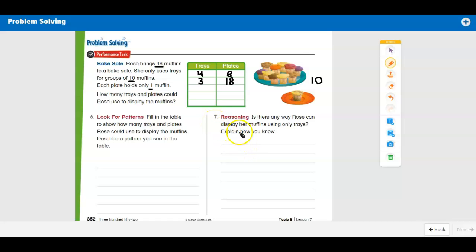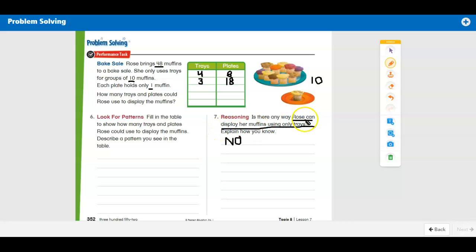So for number 7, write yes or no if she could display her muffins using only trays. So you could write no, Rose cannot display her muffins using only trays. So you could copy that whole sentence right there.